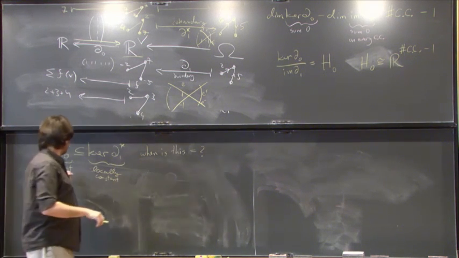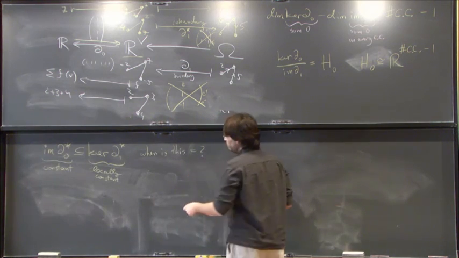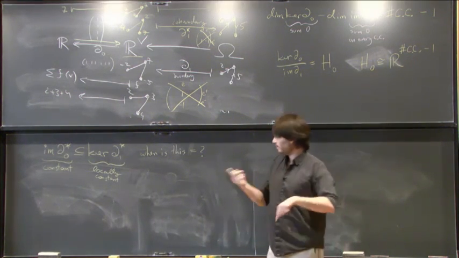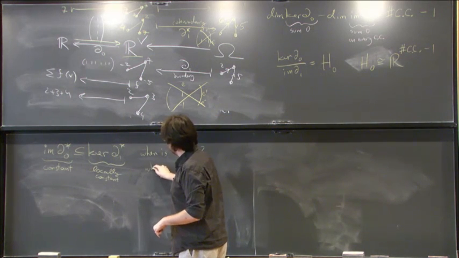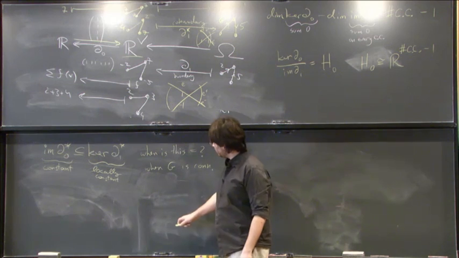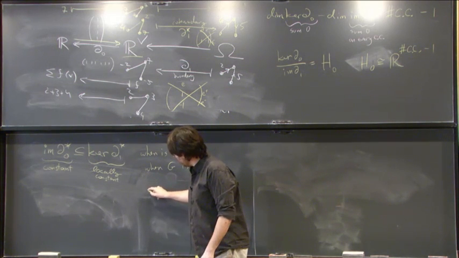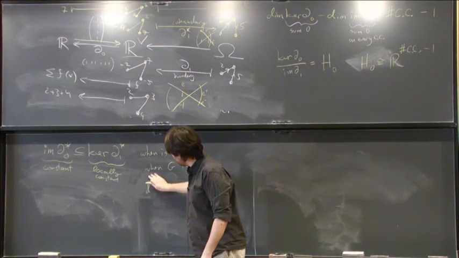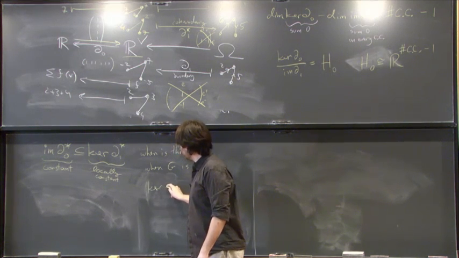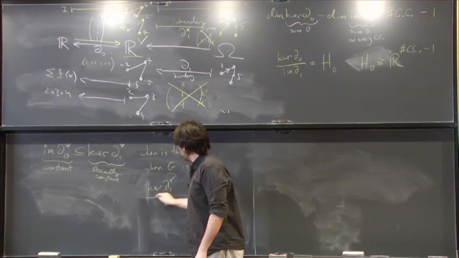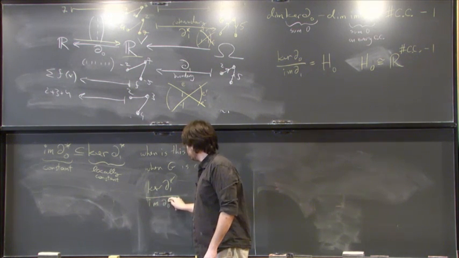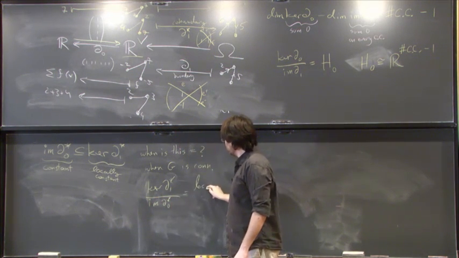And when is this an equality? When is a locally constant function necessarily constant? Again, when G is connected. And again, let's look already at the quotient: look at locally constant functions, modulo constant functions.